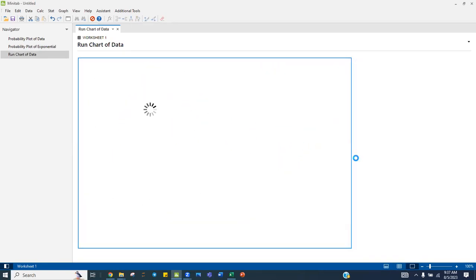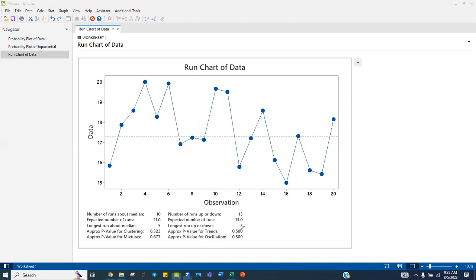If I look at the p-values in this graph, for the mixture, oscillation, cluster, and trend, all 4 p-values are greater than 0.05. None of the p-values is less than 0.05, which means this data set is completely random. There is no special cause of variation in this data set.